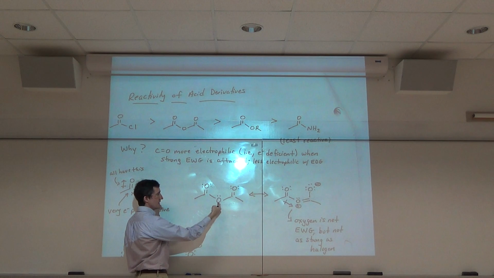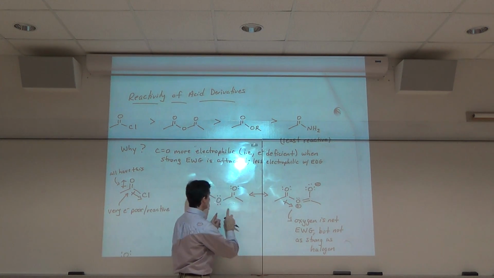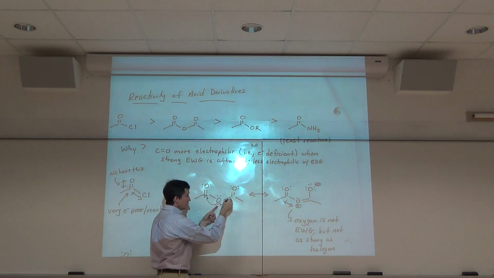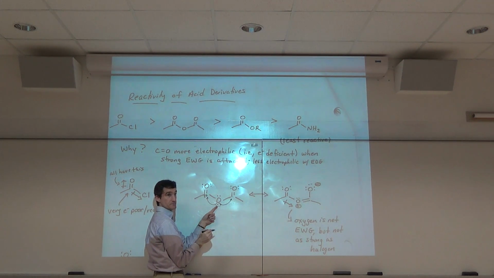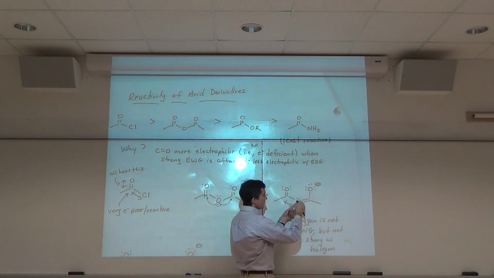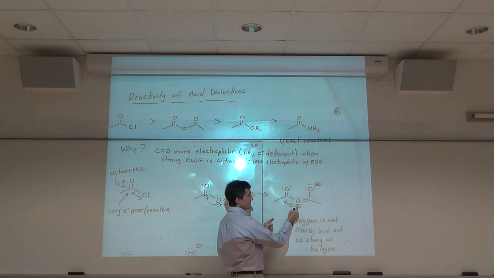Is this guy going to be able to donate? No, because this guy, you might say it donates, but guess what? It also donates this way. Two times. So if it donates that way, it actually takes on positive charge in a resonance structure, and now it's withdrawing.